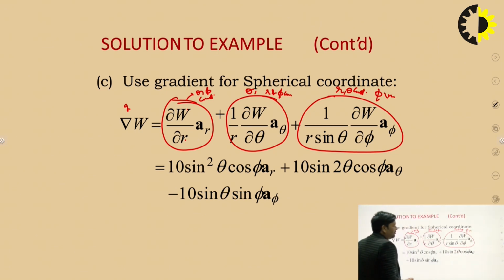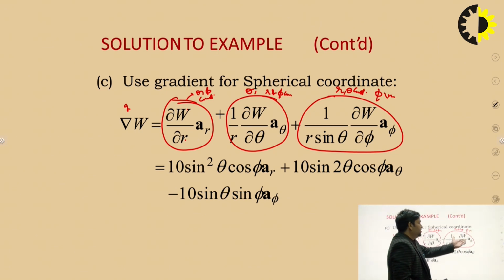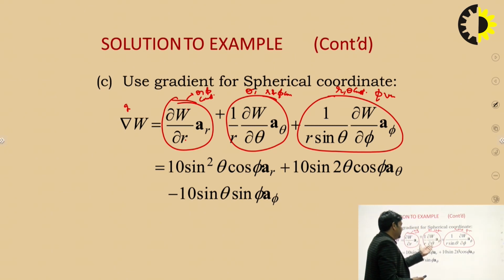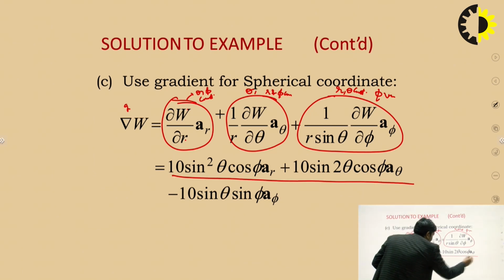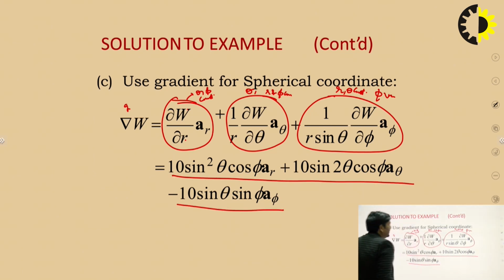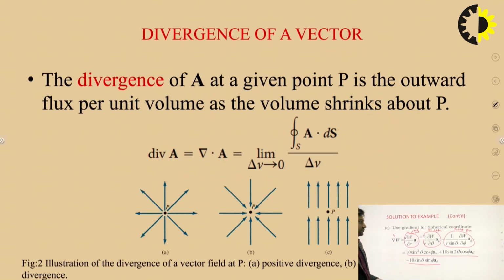So with respect to phi, we have to differentiate here. With respect to theta, we differentiate and multiply by 1 by r in the direction of a theta. In this case, only r is the variable and theta and phi are constant. If we differentiate the scalar field w with respect to r, we easily calculate the gradient of w in the spherical coordinate system.